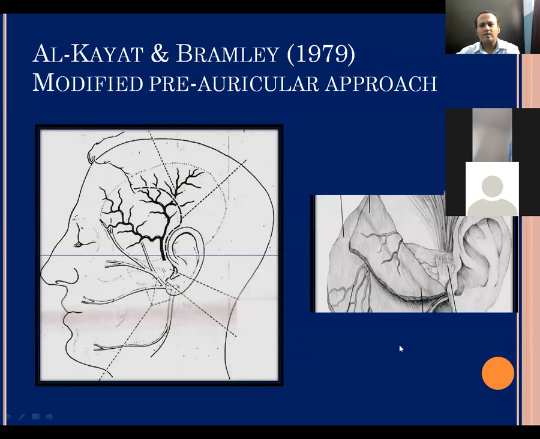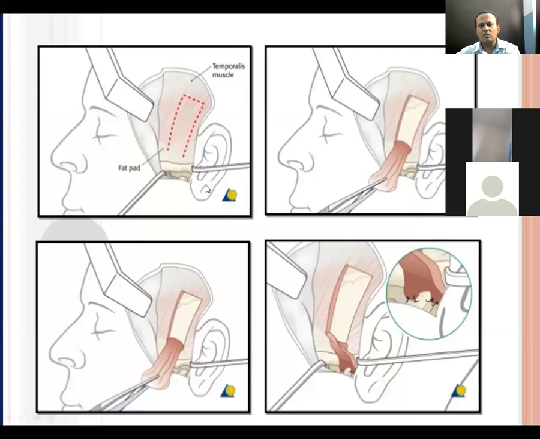The most common approach is the Al-Kayat and Bramley approach, which is commonly used in practice for ankylosis treatment, because we can do a gap arthroplasty as well as an interpositional arthroplasty with the same approach. No need of two surgeries.